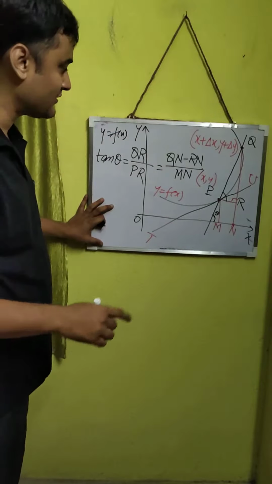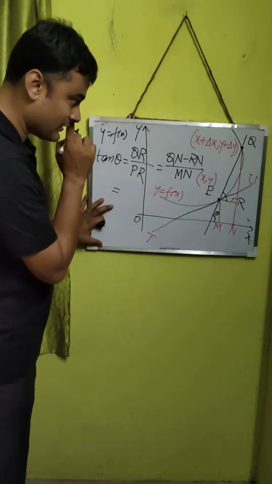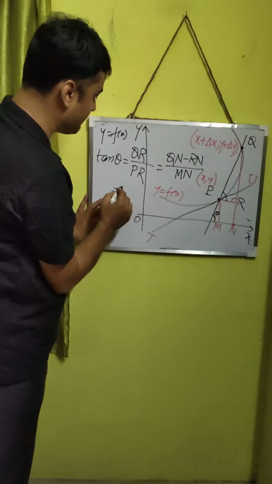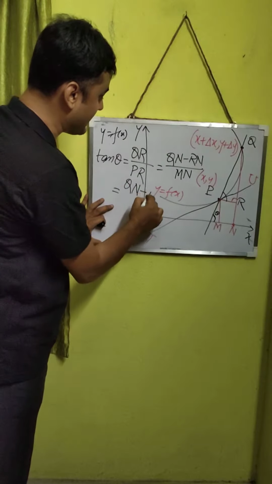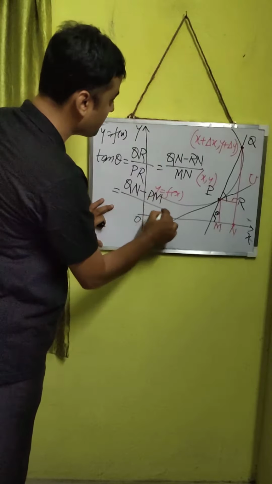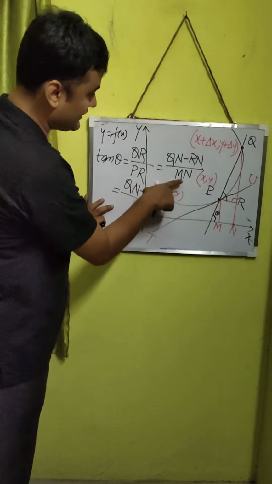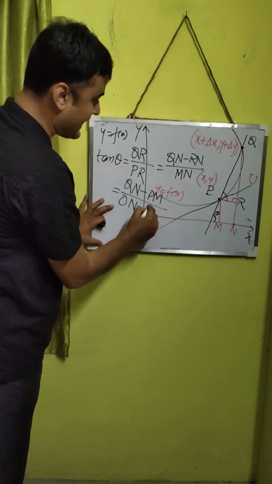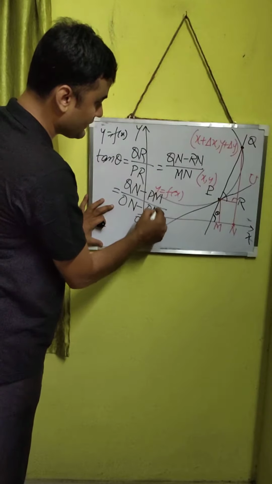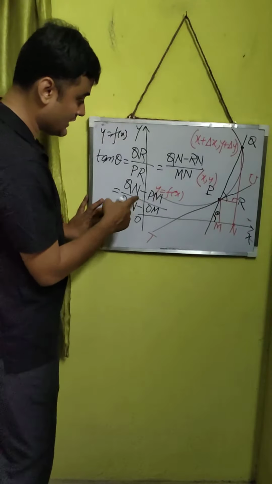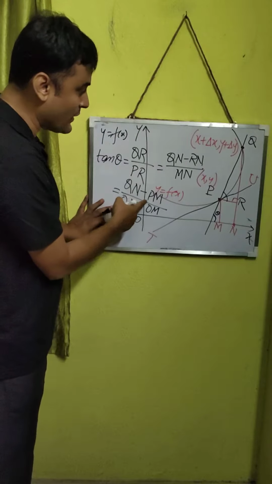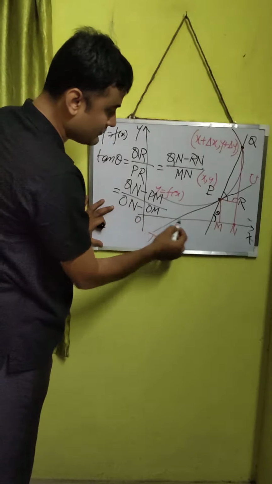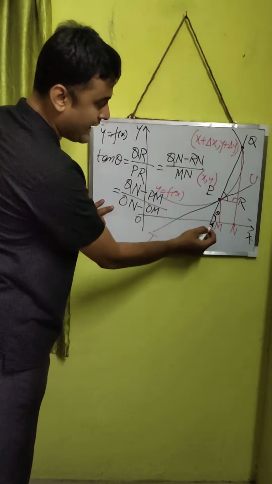All these are perpendiculars, right? RN is PM. So we get QN minus PM by MN, and MN is ON minus OM. Clear? This is very easy to understand.